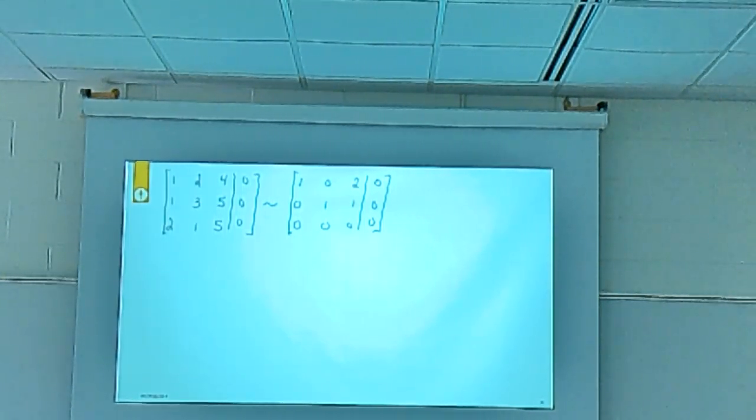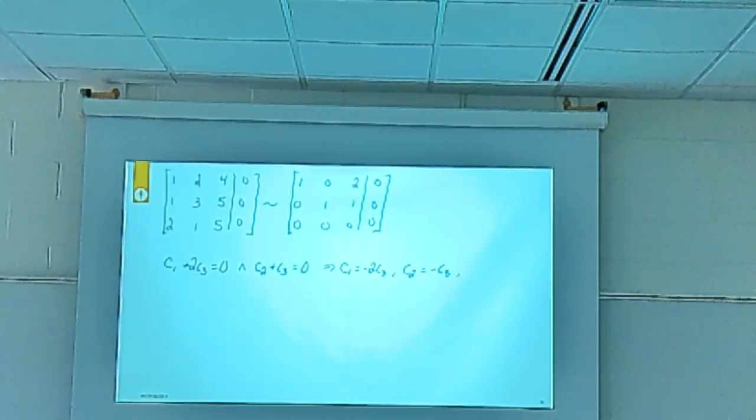This would say that C1 plus 2C3 equals 0, and C2 plus C3 equals 0, which means C3 is a free variable. That means we have a non-trivial solution.